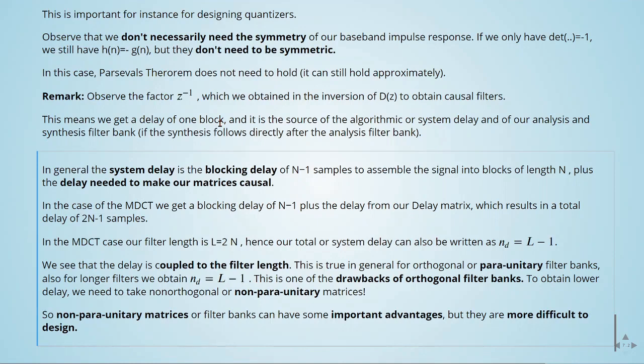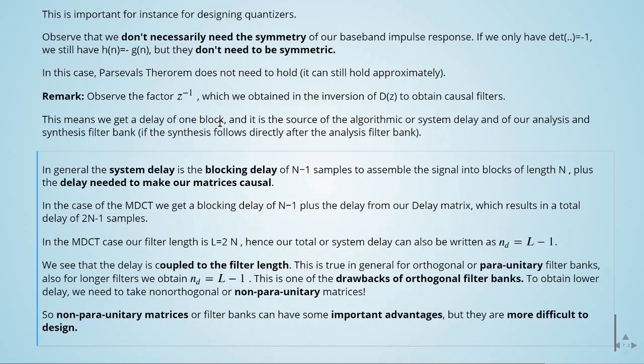In the MDCT case, our filter length is L equals 2 times N, hence our system delay can also be written as N_D equals L, the filter length, minus 1. We see that the delay is coupled to the filter length. This is true in general for orthogonal or para-unitary filter banks, and also for longer filters we obtain N_D equal to L minus 1.